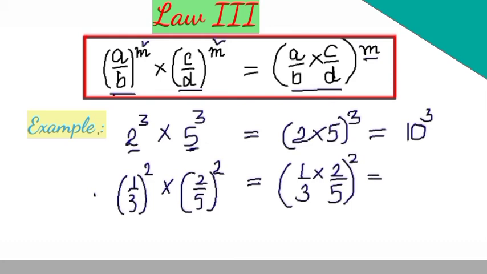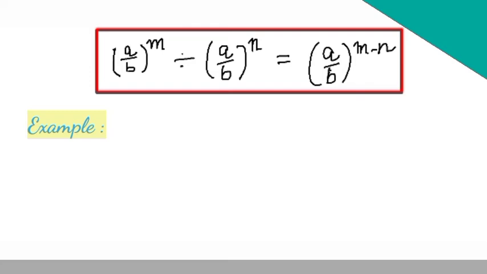So it will become 2 1s are 2 upon 5 3s are 15 and power will be 2. Clear? If the bases are different and the powers are same and we are multiplying them, in that case we will simply multiply the bases and powers will remain same, right?